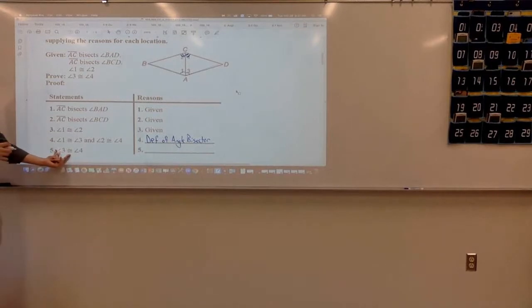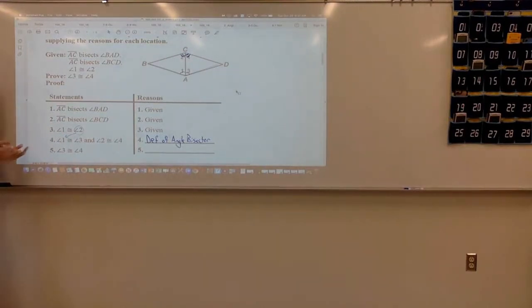So now, in line 5, they claim, well, that means angles 3 and 4 would have to be the same. Okay, and they actually kind of did two steps in one here. Okay, what they did was, they said, well, if angles 1 and 2 are the same, then I could plug angle 2 into here. Right?